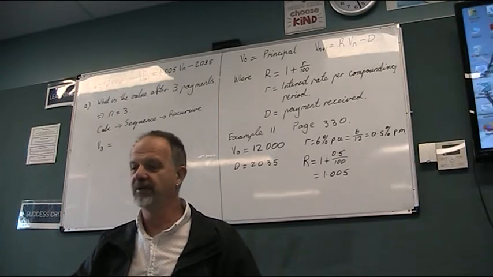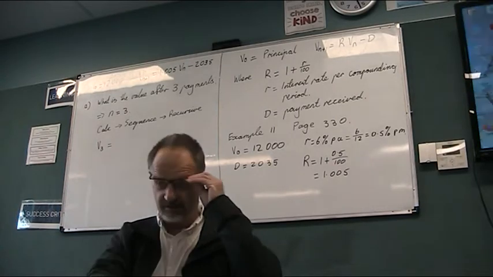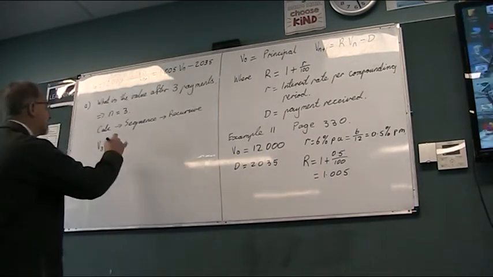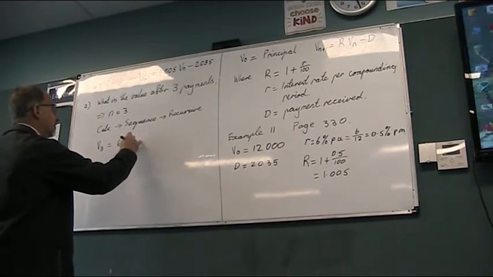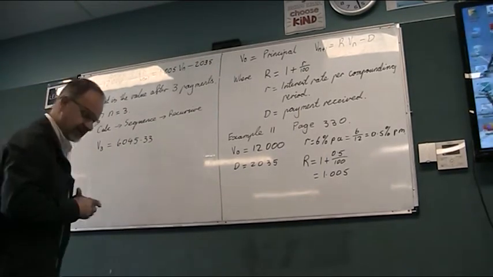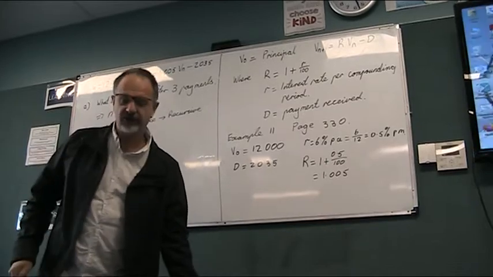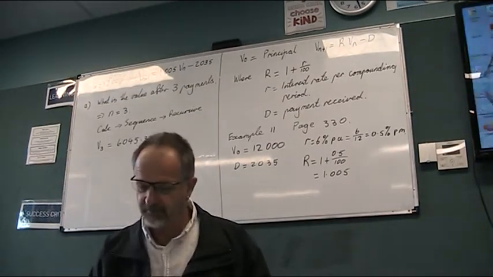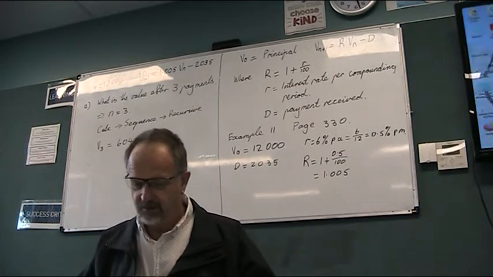So when we look down the bottom, how many cents have we got? 33. Okay. So $6,045.33 is how much Reza has left.